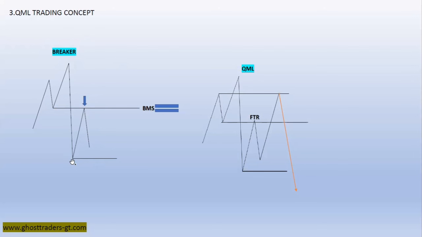So price sometimes will fail to take out this low that is here and quickly go up. And when price goes up, it will come and take out this recent high that has been formed, okay? So this is the scenario that you see. Price went down. As it goes down here, it failed to take out this low because there is an institutional reference point, and we get to see price going up.